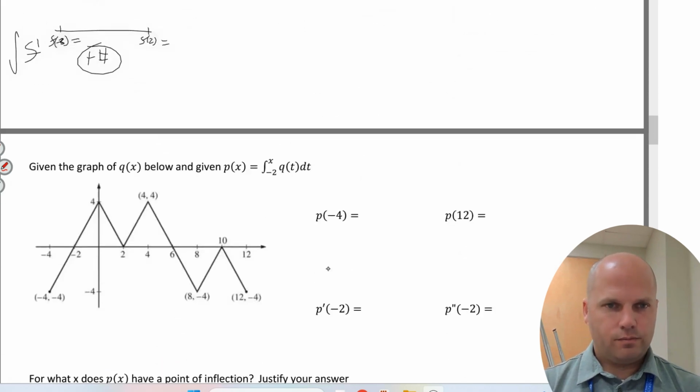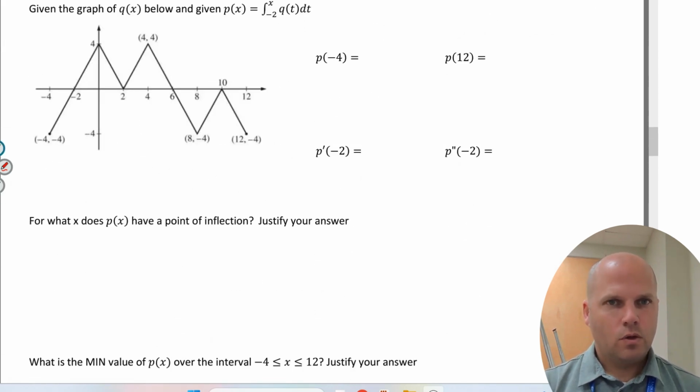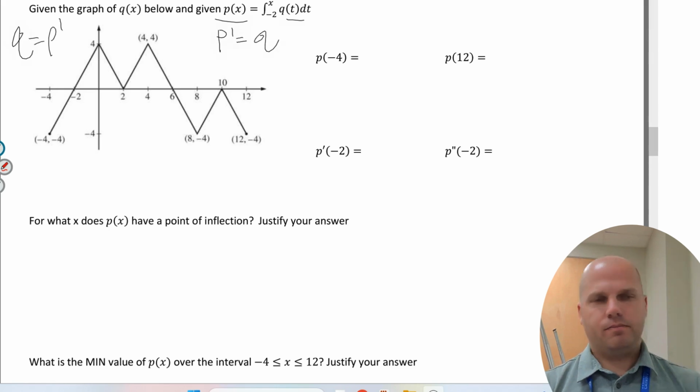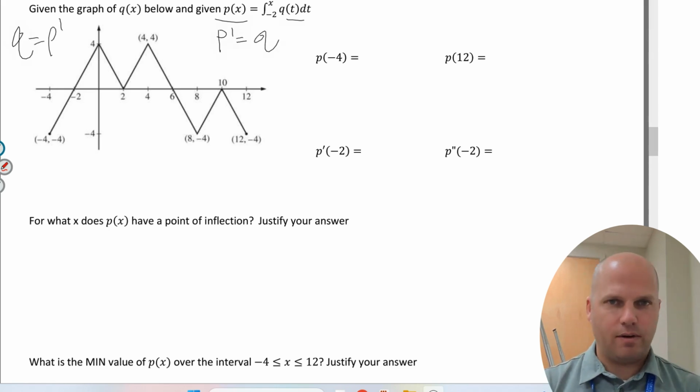Do now. Cool. P and Q. This is the graph of Q. Well, immediately I'm saying that's the same as the graph of P prime. Probably should have done that all along, but whatever. P of -4 would accumulate Q from -2 to -4.